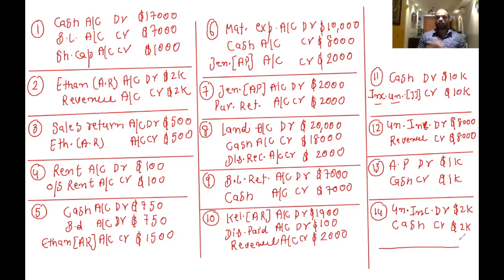All right, accounts payable has two meanings. Let me explain. If you look at your textbook or the internet, accounts payable is someone to whom you have to pay money.